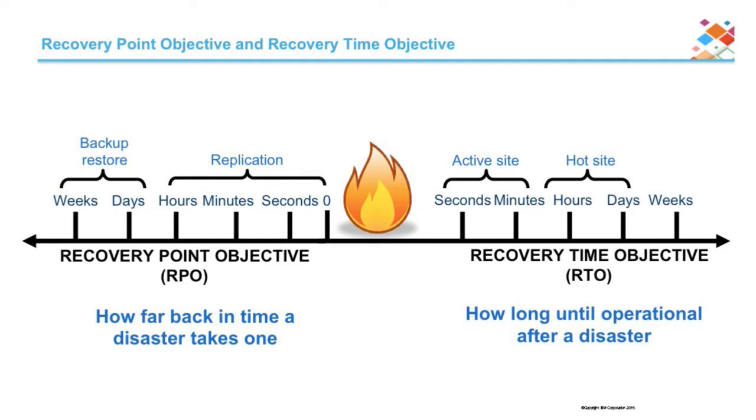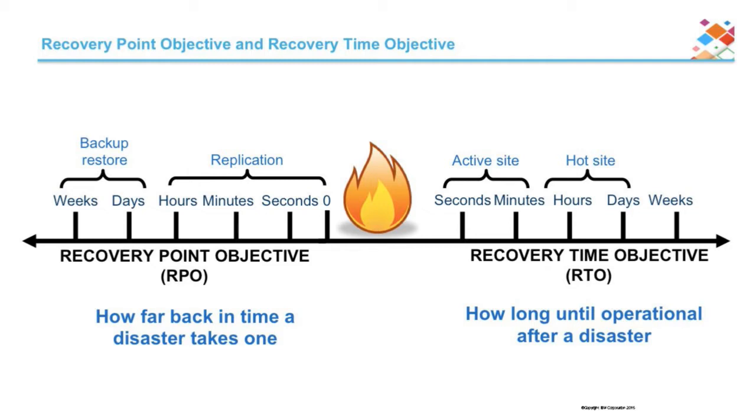The second way of measuring is recovery time objective, RTO. And RTO is basically how long it takes to get things working again. And again, we have a few levels. An active site is practically seconds or minutes. If you have a hot site, you need to ignite everything, and it takes maybe hours, maybe even days.